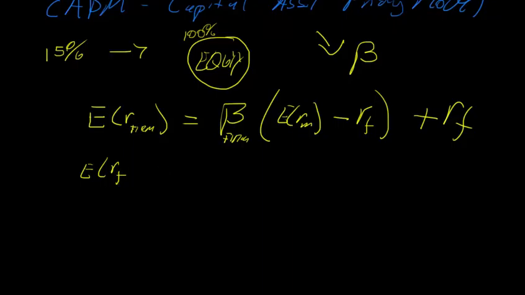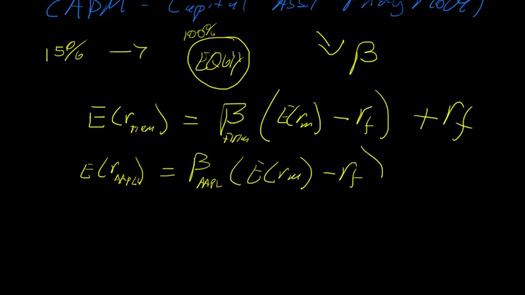You know what? Let's back this up. Let's use a real live example. I have something ready over here off the screen. So let's do the expected return of Apple is equal to the beta of Apple times the expected return of the entire market minus the risk-free rate plus the risk-free rate.